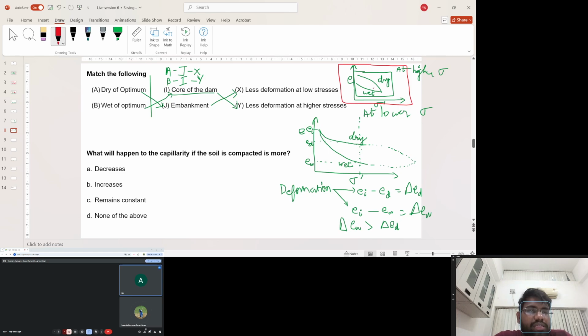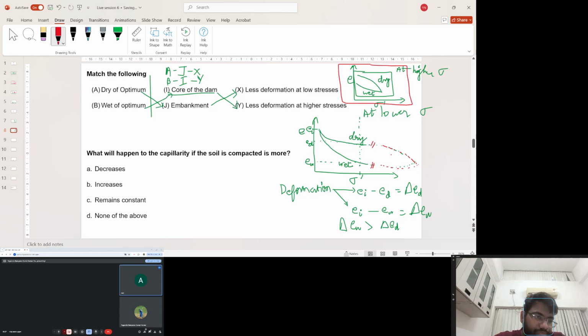Now this is nothing but just an extension here. When the stress is increased to a very high stress, it tends to behave like this.